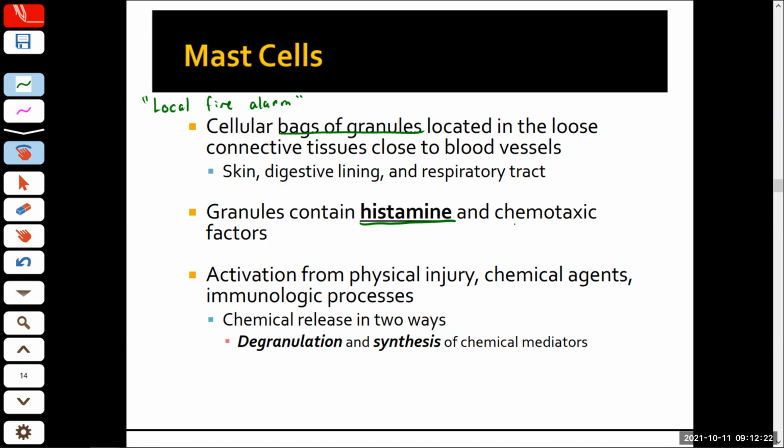They also release chemotaxic factors. Chemotaxic factors are just chemical attractants. So I cut my finger, that ruptures the mast cells, they dump histamine.